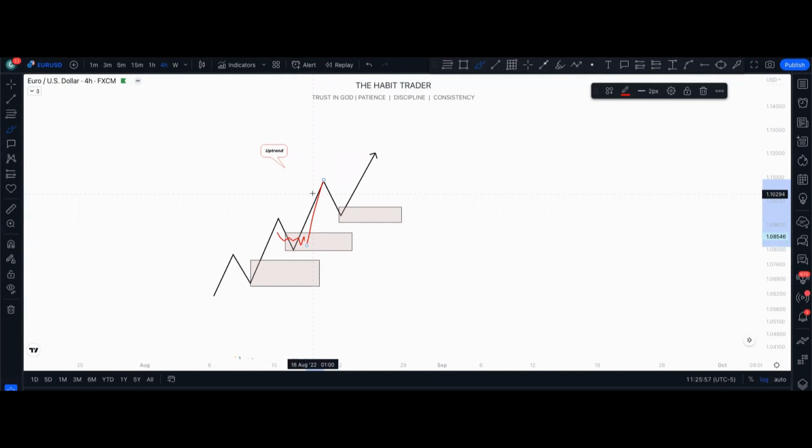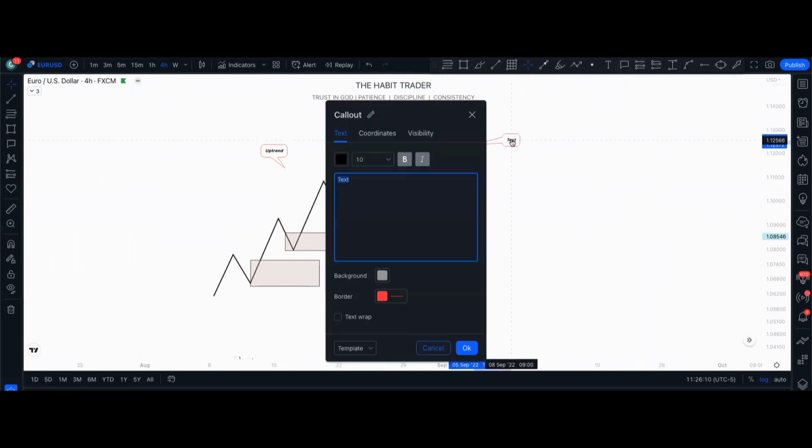But first I want to discuss the demand zone areas where we see in the market most of the time. So usually, let me take some notes for you. Usually the demand zone is seen in an uptrend.